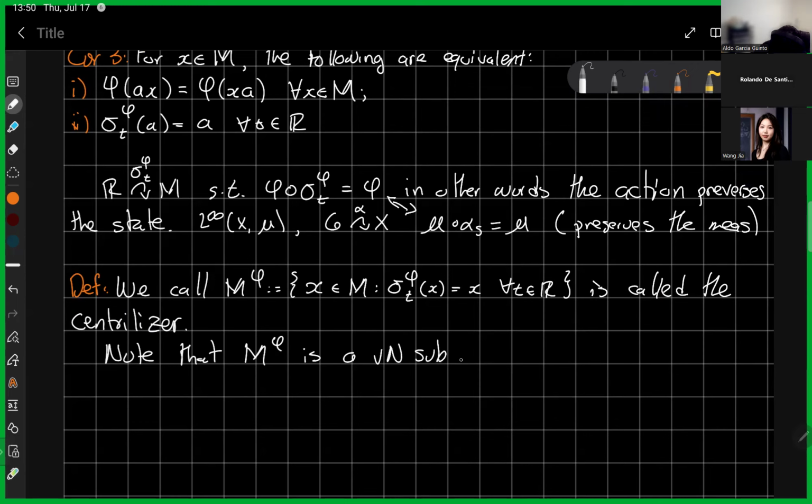So this is a von Neumann subalgebra of M. And the center of M is contained here. This is just because of this equation here, right? So you can see that this equation is just true for elements in the center.